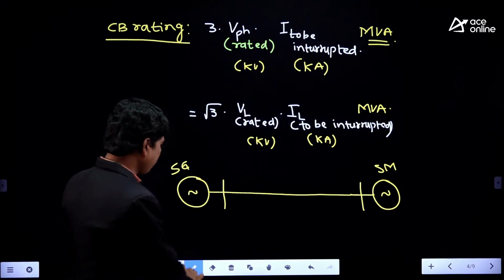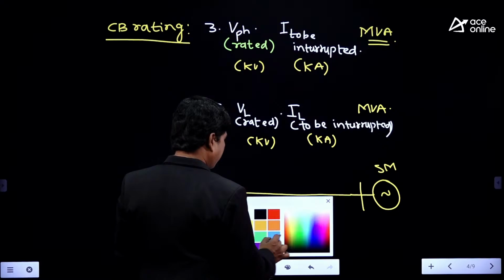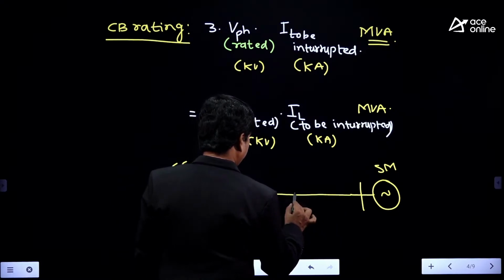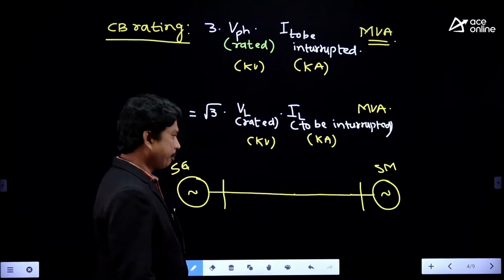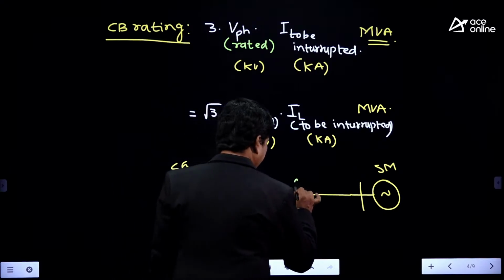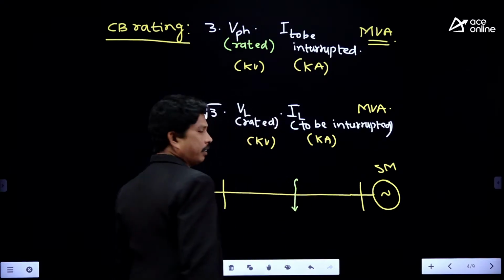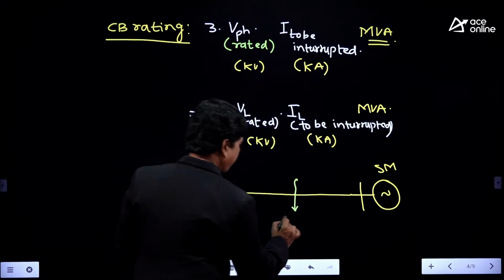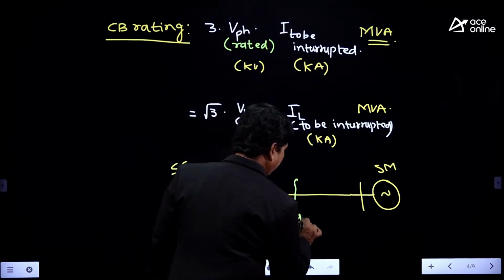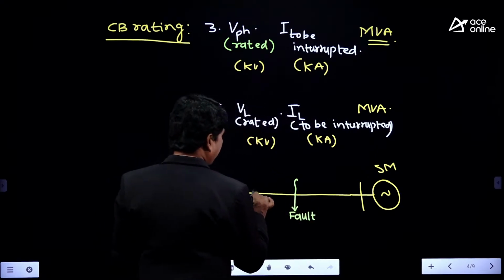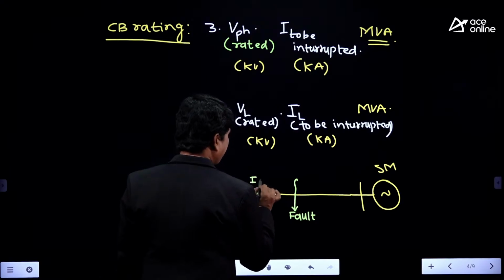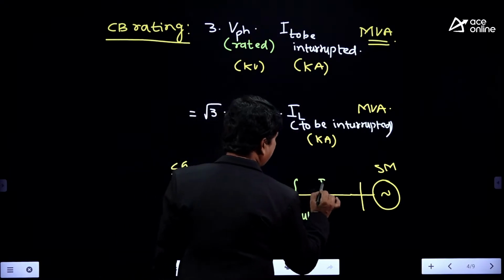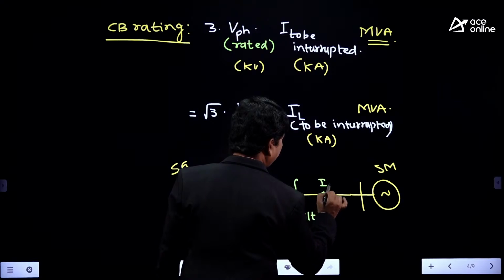Now, whenever the fault occurs at exactly the midpoint of the transmission line, see here, this is the fault location. The current starts flowing in this direction, IF1, and the current starts flowing in this direction also, IF2.